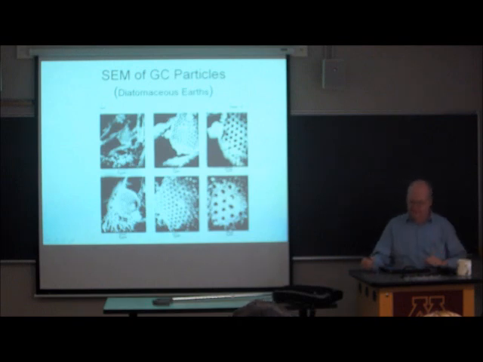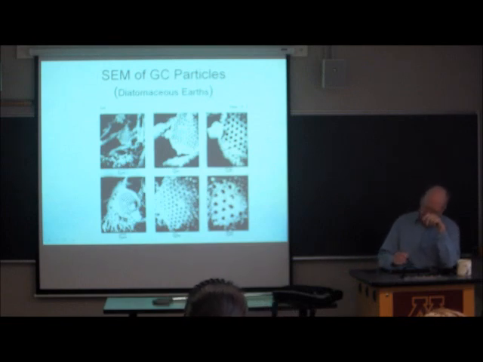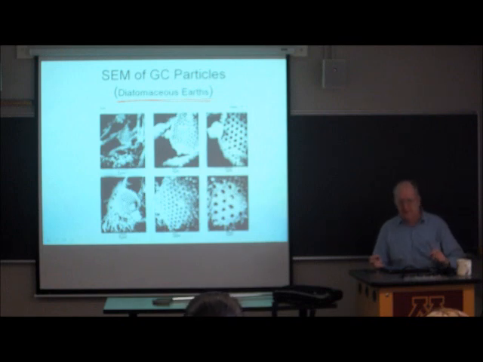We'll get into the B term pretty soon, but I wanted you to take a look at different kinds of particles. This is what GC columns used to be packed with, diatomaceous earth. And if you buy a packed bed GC column, this is still the stationary phase of choice.